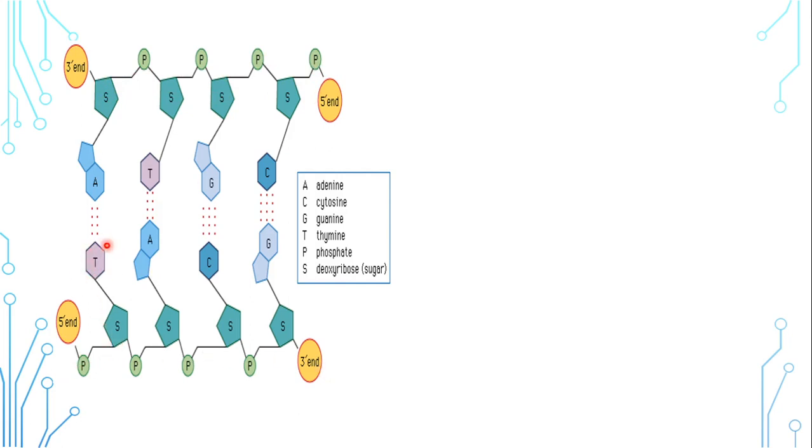If on this side there is a thymine, then on the other side a nucleotide carrying adenine has to approach and come near thymine. Only then will the bonding take place that enables the formation of the double-stranded structure. Such formations occur during the replication process of DNA, which we will learn in the coming lectures.